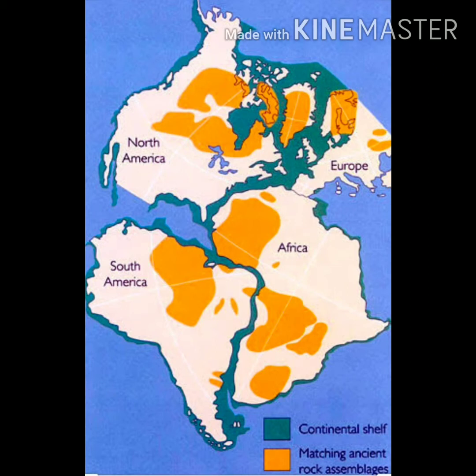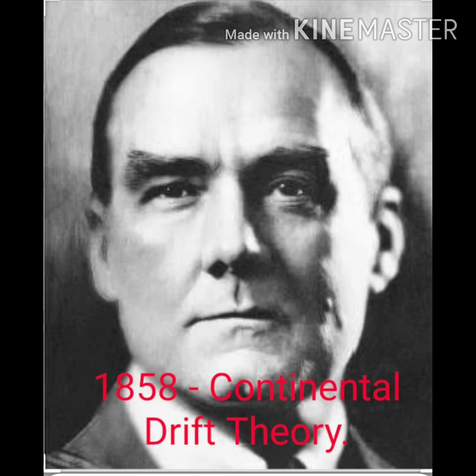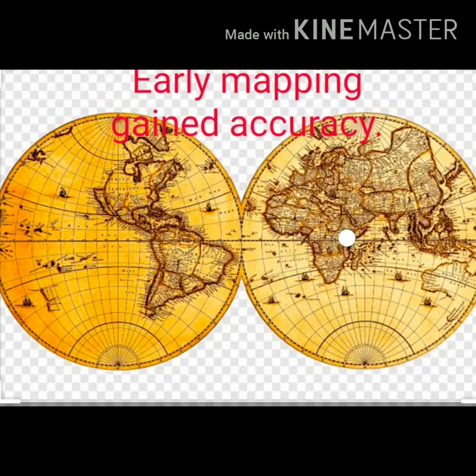The concept of moving continents was first given by Antonio Snider, a French scientist, in 1858 as the continental drift theory. In this, he explained the arrangement of continents and oceans.